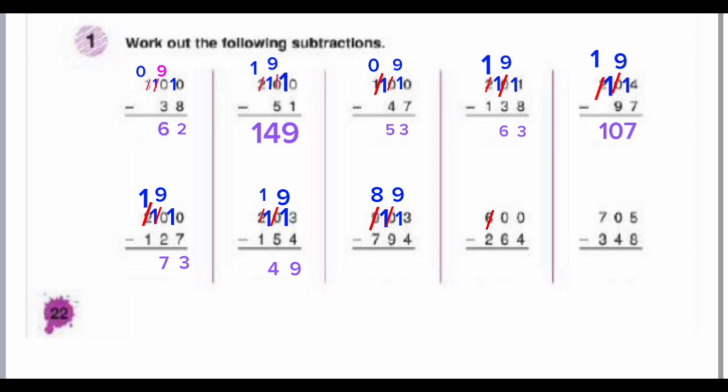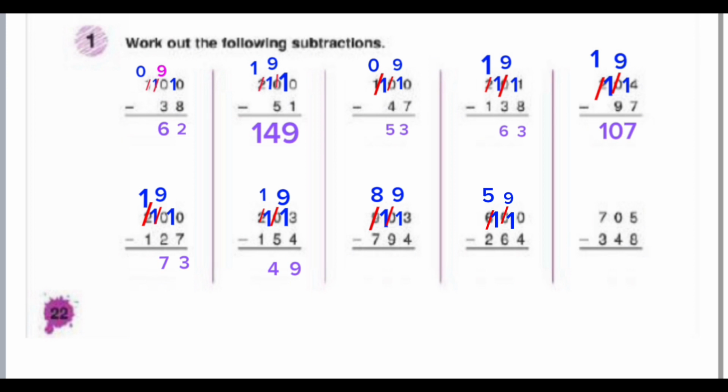So the tens digit will become 9 and the ones digit will become 10. Now 10 minus 4 is 6, 9 minus 6 is 3, and 5 minus 2 is 3. So the answer is 336.